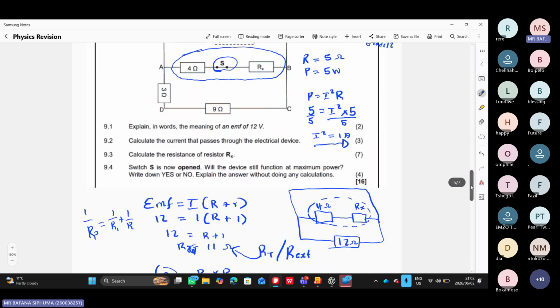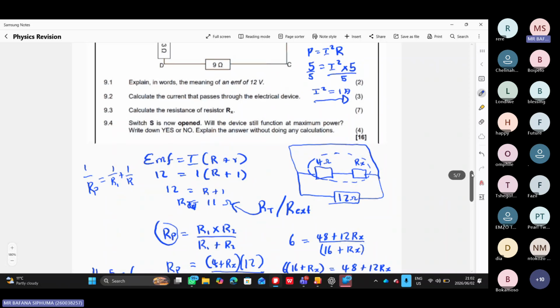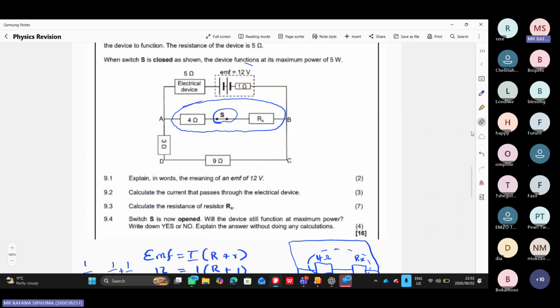Okay, let's go to the working. Let me just write the summary here. Switch S is open. We removed the resistance in parallel. What is going to happen? Total resistance will increase. What else will happen?